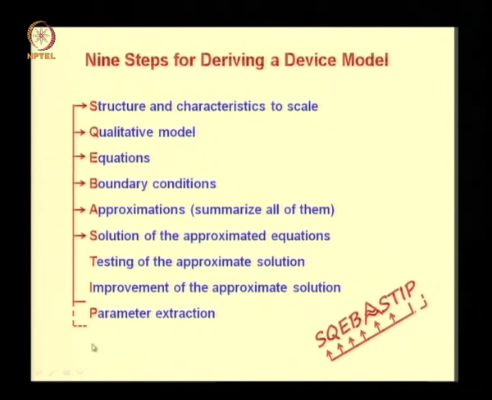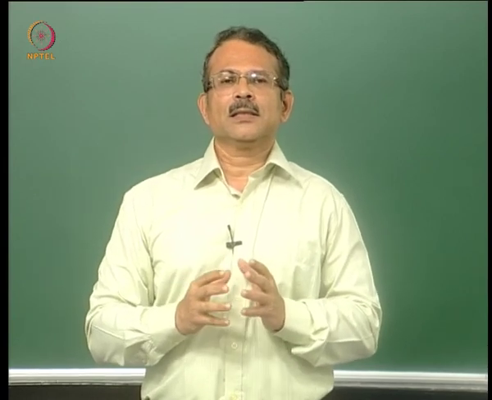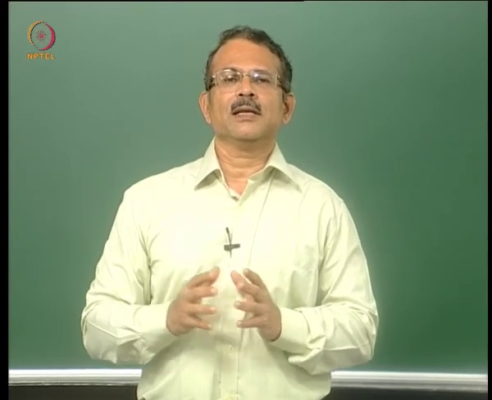Now, it is important to recognize that the device modeling procedure is in general iterative. That is, after you attempt improvement of the approximate solution, you might find that the model accuracy is still not very good, or the model is for some reason not capturing the dominant physical phenomenon.